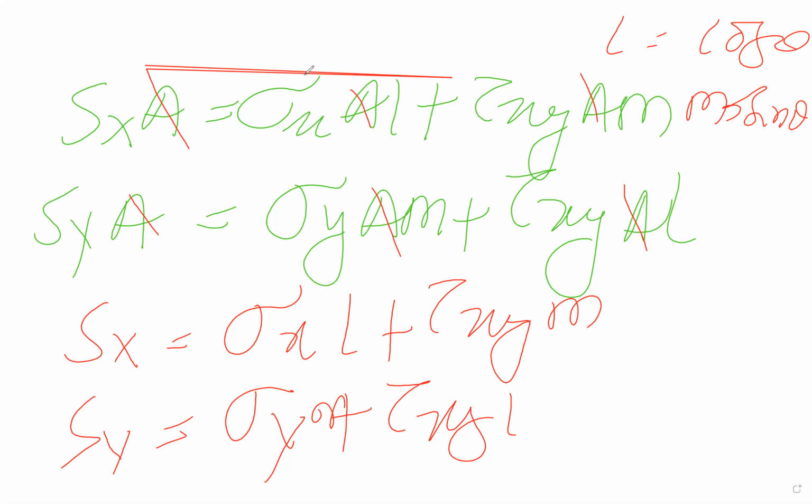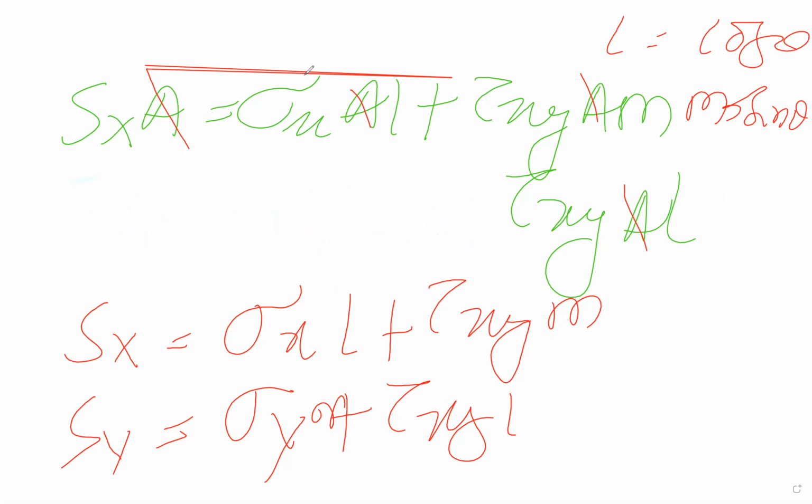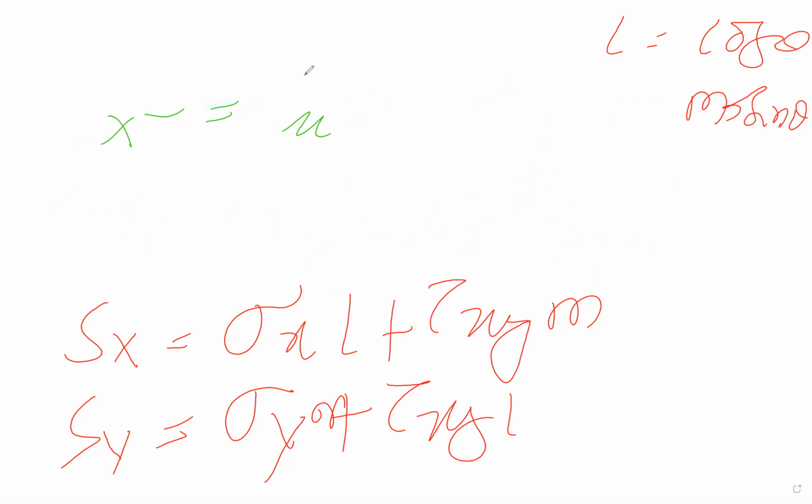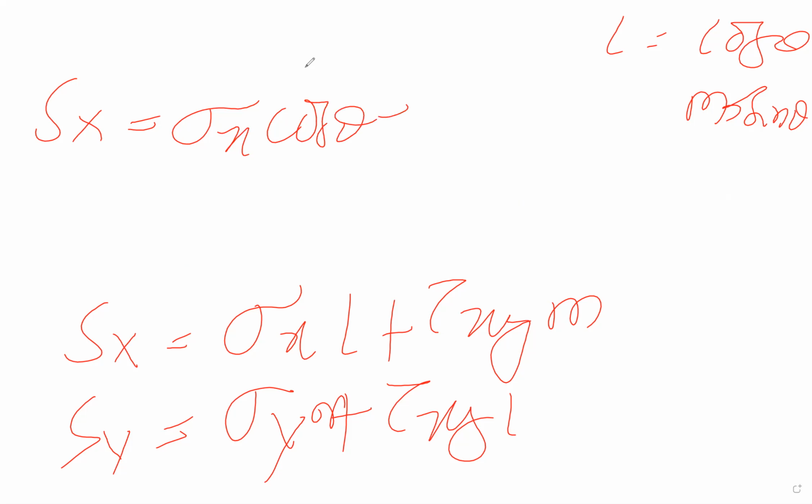So if you put the values in the equations, we find that Sx is equal to sigma x cos theta plus tau xy sin theta.